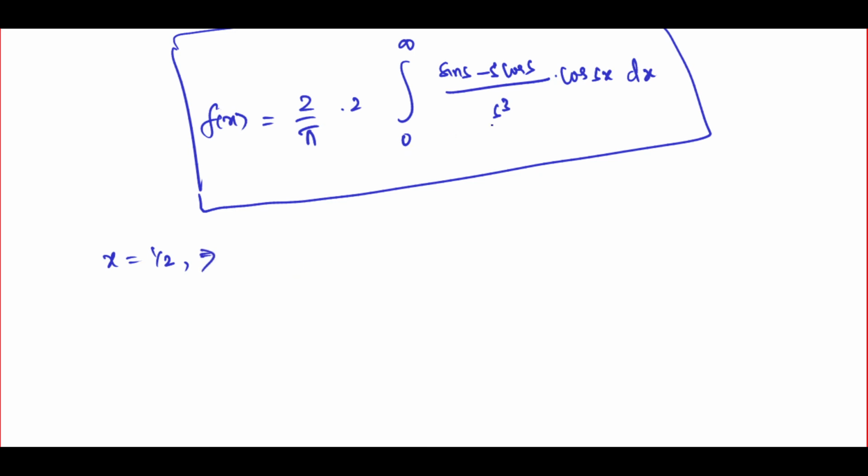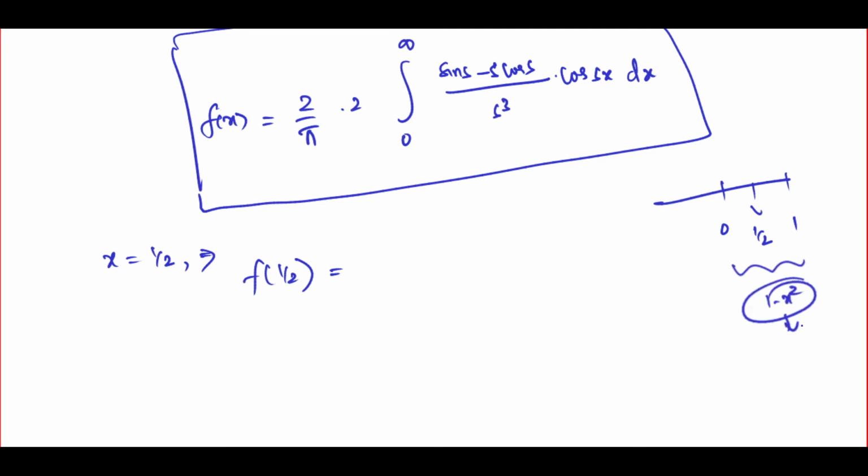Therefore, we'll not substitute in the right hand side for now, so we'll say simply f of 1 by 2. Remember, 1 by 2 belongs to 0 to 1, correct? Meaning 1 by 2 is just between 0 and 1. And in this portion, the function value is 1 minus x square. So the function is continuous, differentiable, everything is there. So I don't have to worry about discontinuity at this point.